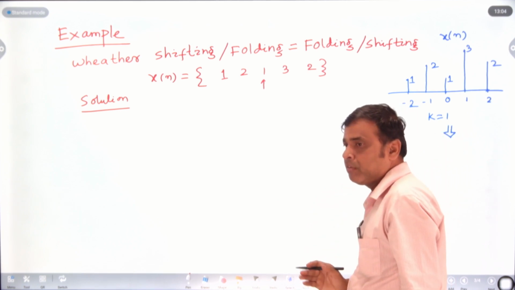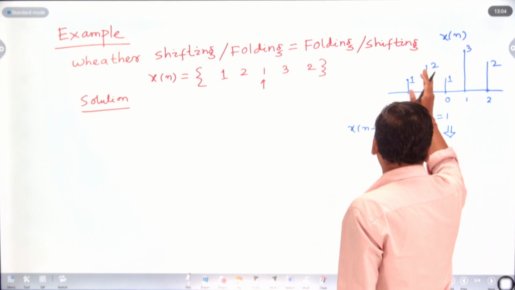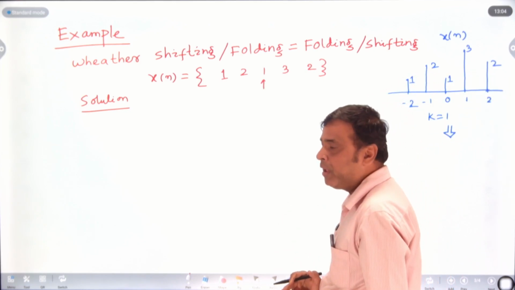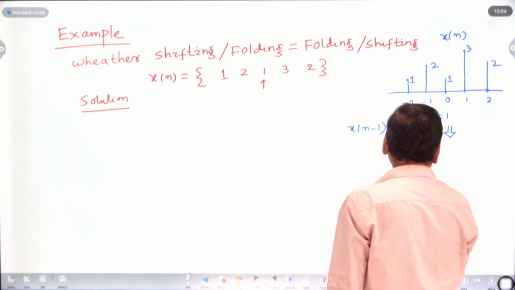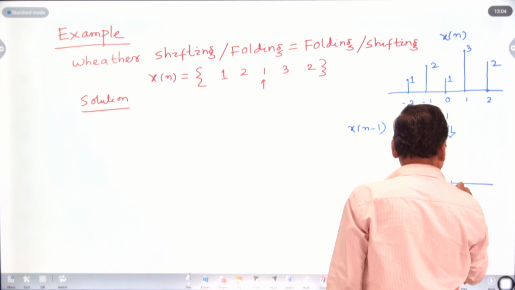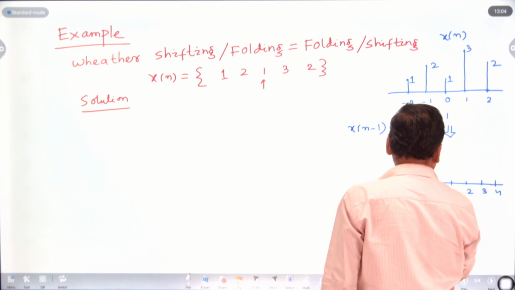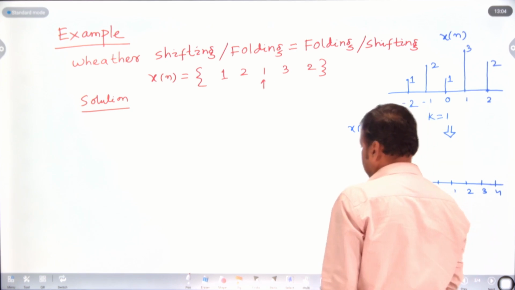In graphical representation, each sample unit can be shifted to the right by 1 unit. So it becomes this.